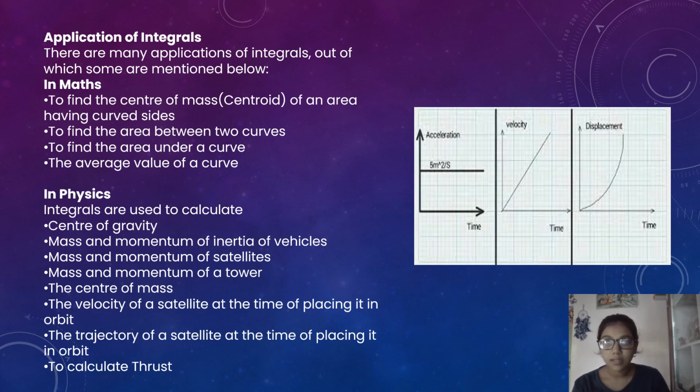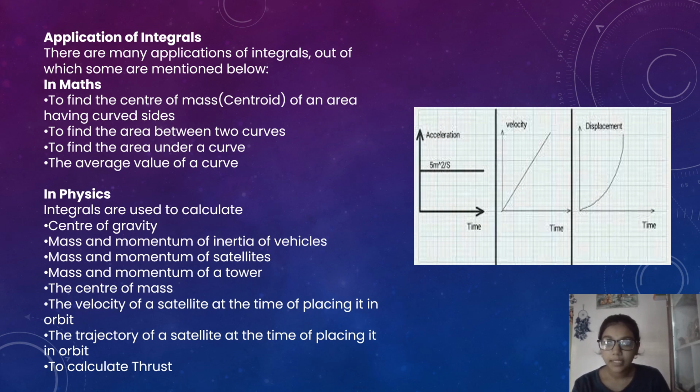Applications of integrals. There are many applications of integrals, out of which some are mentioned below. In maths, to find the center of mass, centroid, to find the area between two curves, to find the area under a curve, the average value of a curve.